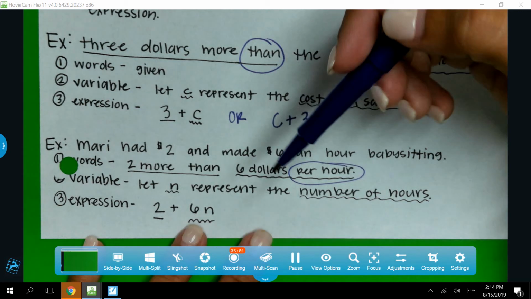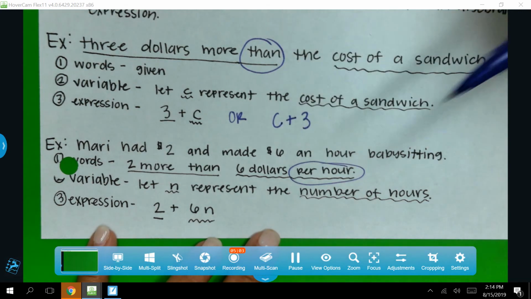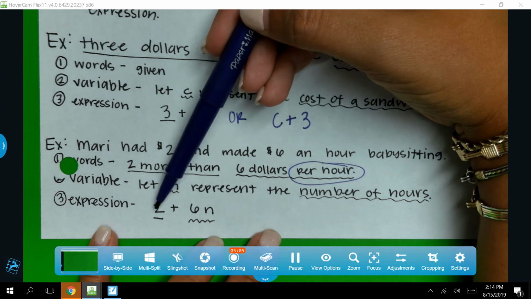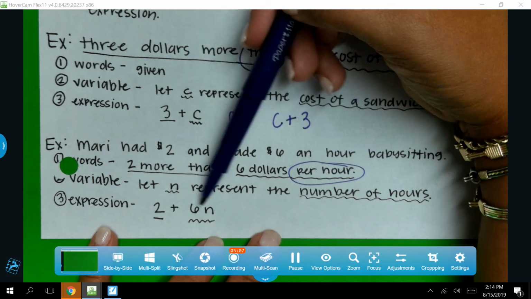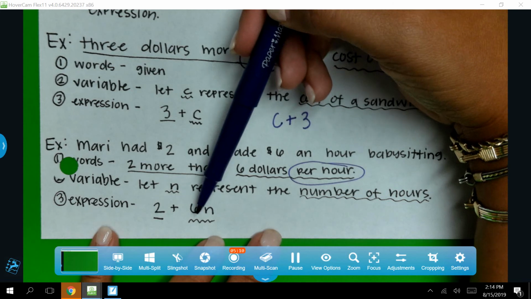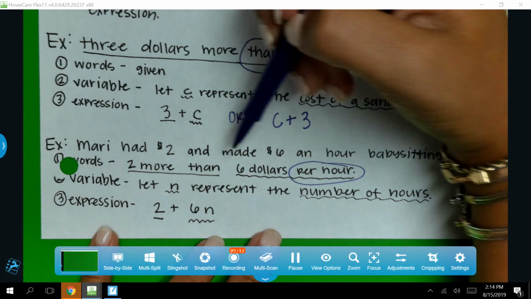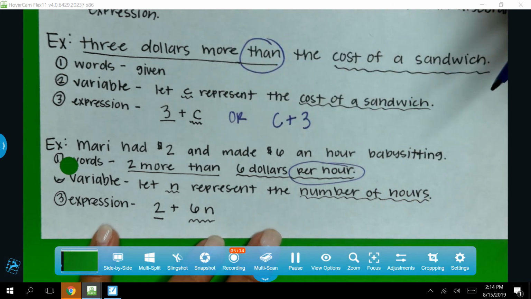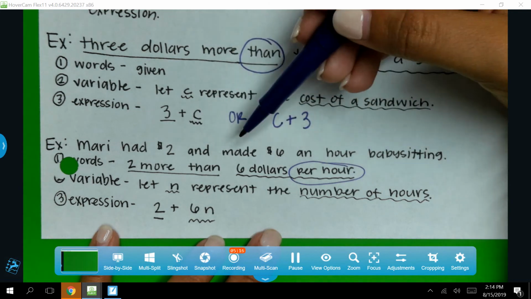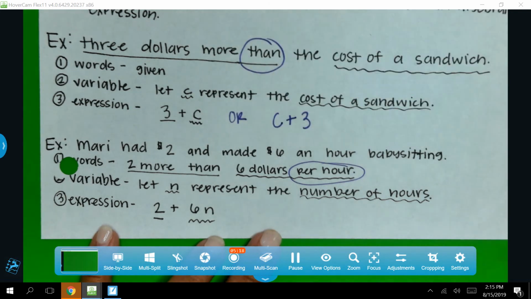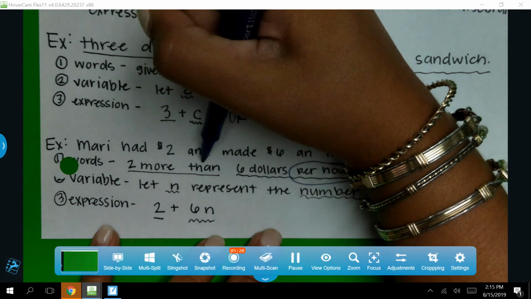So when I put that together as an expression, that means I have 2 plus $6 per hour, so 6N. But this also, no, it doesn't have than. Oh yeah, it does. 2 more than. Right there.